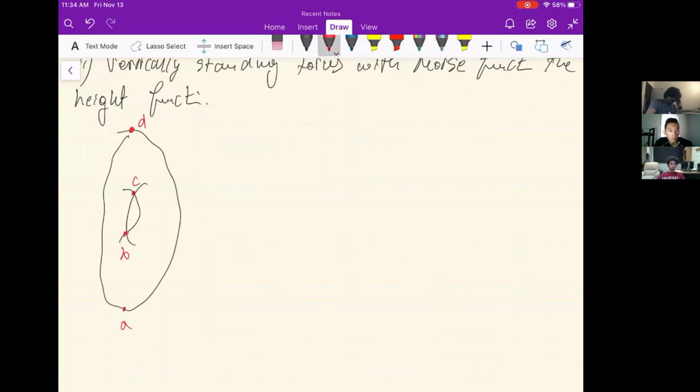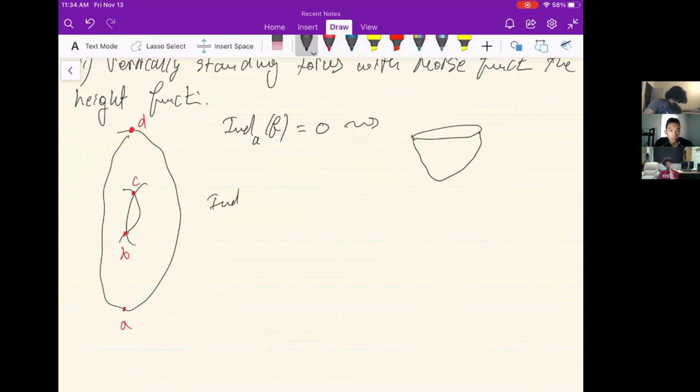Okay, so we do this inductively. We start from the empty set. We pass through our first critical point, which has index 0. So I give myself something like that. And now we pass through critical point B, which has index 1.